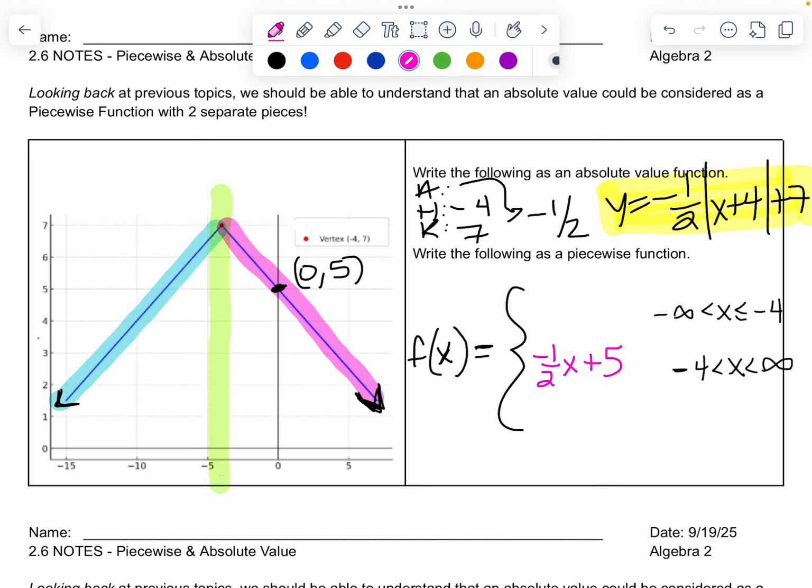Remember, that axis of symmetry is at that h value. The axis of symmetry is at -4. I do know I should have a corresponding piece opposite of 0,5, equidistant from that mirror.